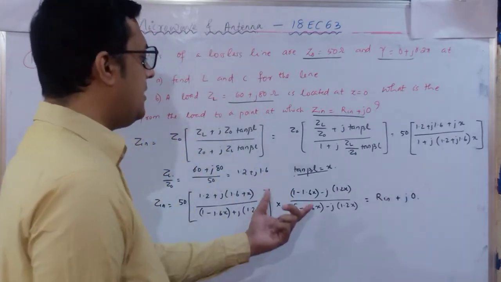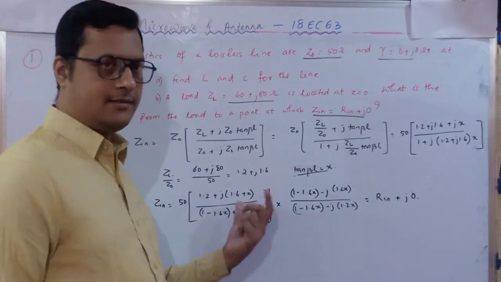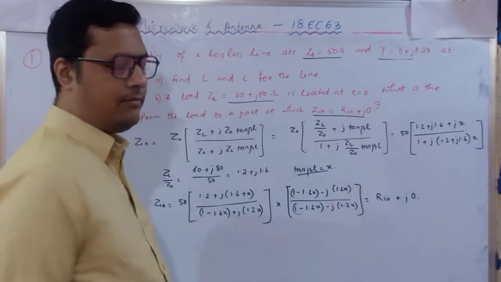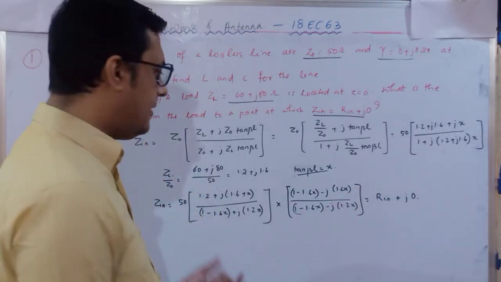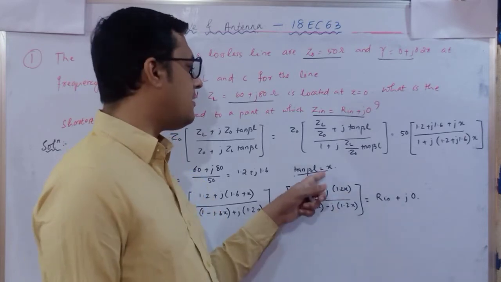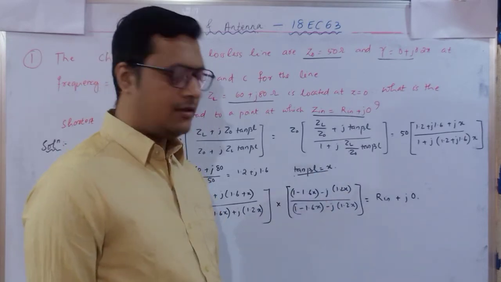So when you solve this complex term, you will get one real part and one imaginary part. The simple thing is that only the imaginary component you have to make 0 in order to determine this shortest distance. Okay.